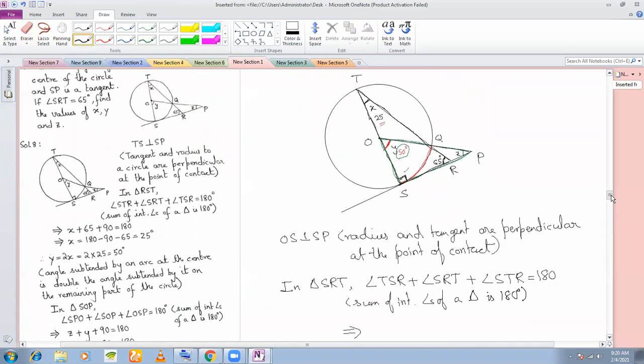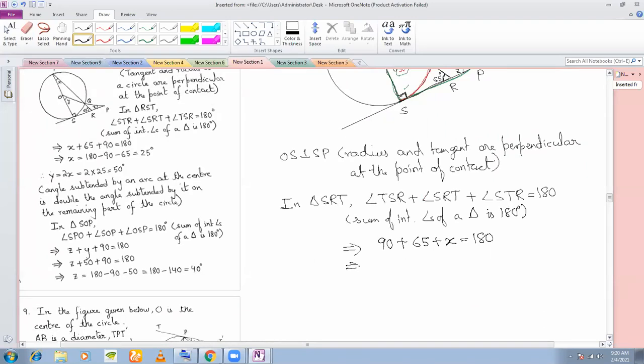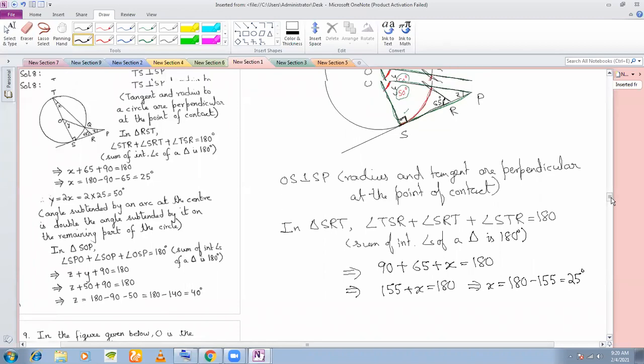Which angle is x? Angle STR is x. First, angle TSR is 90 degree. SRT is given to be 65 degree. And STR is my angle x. So we have found out x to be 25.